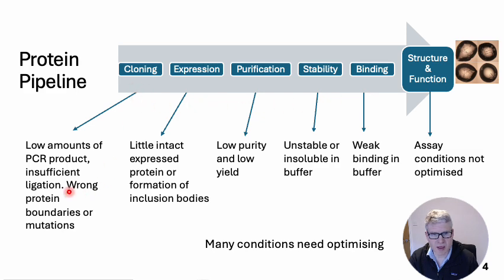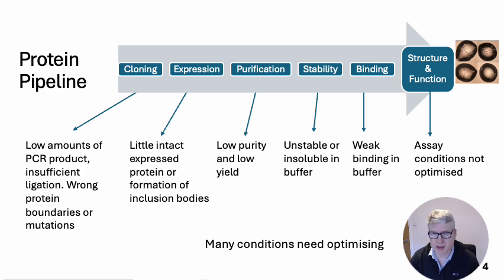So with cloning, you can get the wrong protein boundaries or mutations, and expression can lead to low expression yields, sometimes due to the formation of inclusion bodies. Purification yields can be low if the conditions aren't optimized. Stability, binding, you need to find the optimum buffer with the right additives and pHs, etc. Otherwise, you might not be able to progress to getting to where you want to be, which is the structure and function. So the key thing here is optimization.